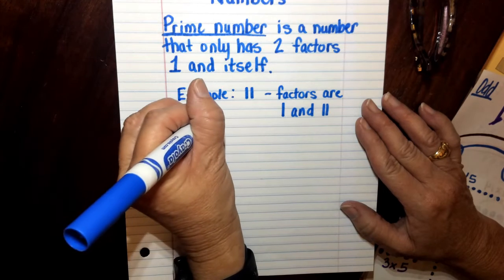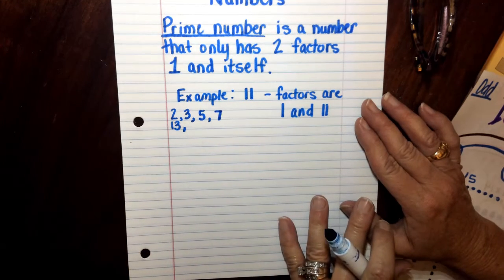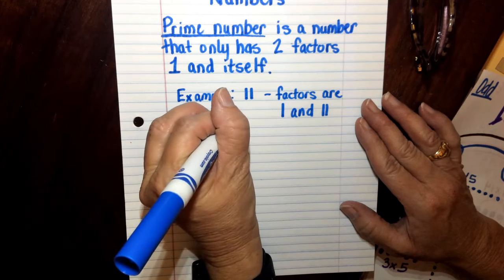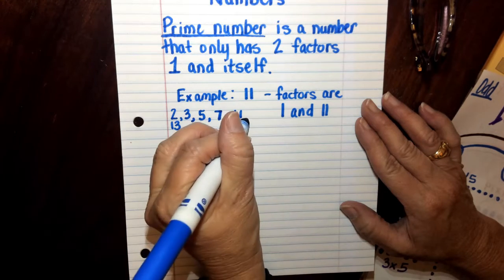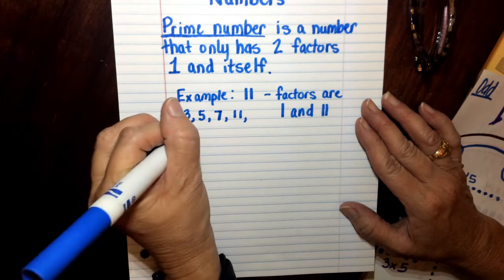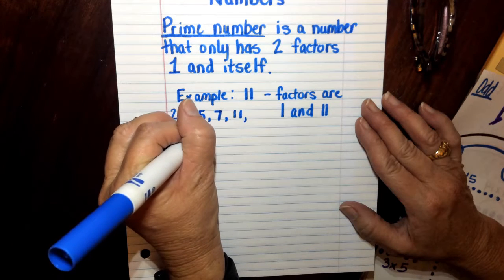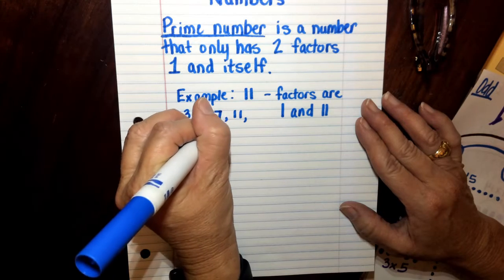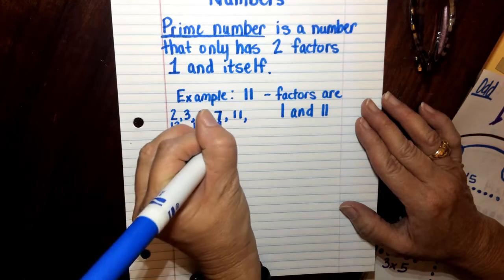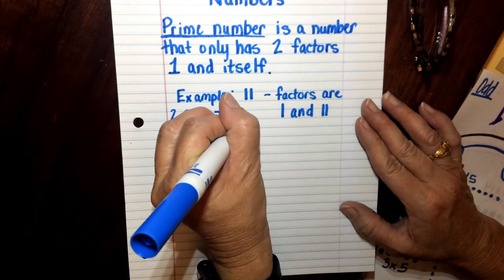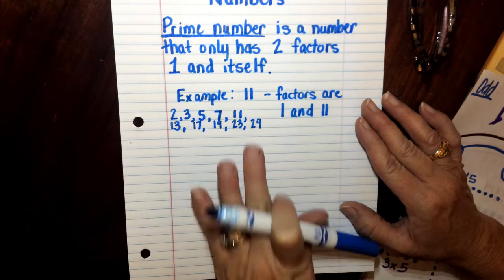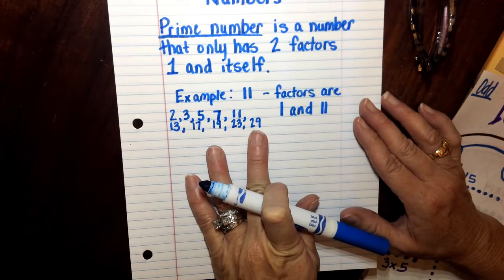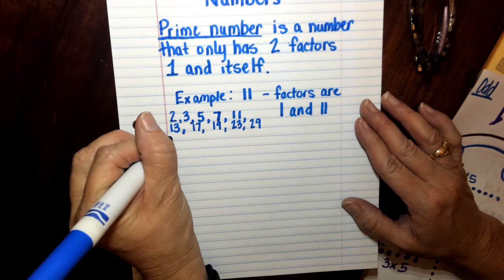We have the number 7. The only way to make 7 is 1 and 7. And then of course we have the number 11, which we just modeled. We have the number 13. We have the number 17. The number 19. The number 23. And the number 29. Those are the only two that are in the 20s. We have two that are in the 30s.